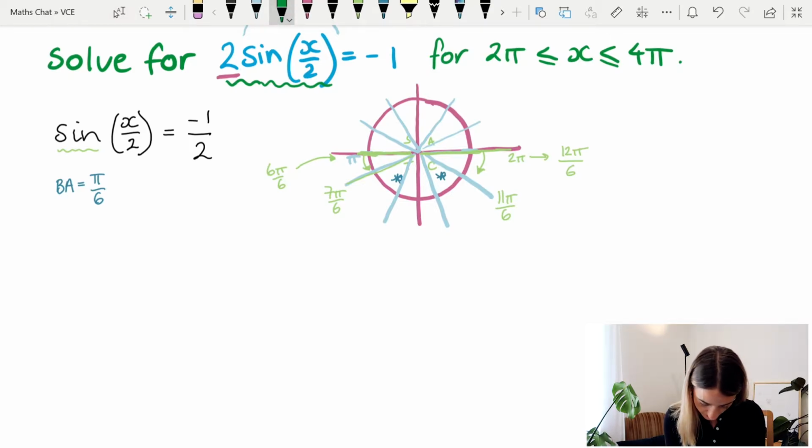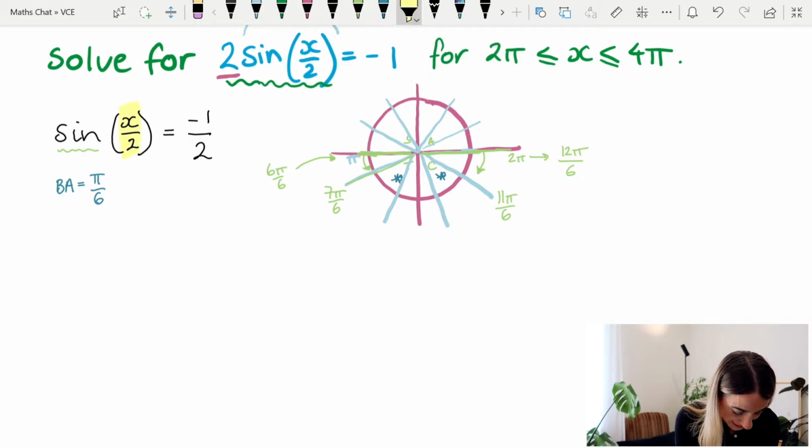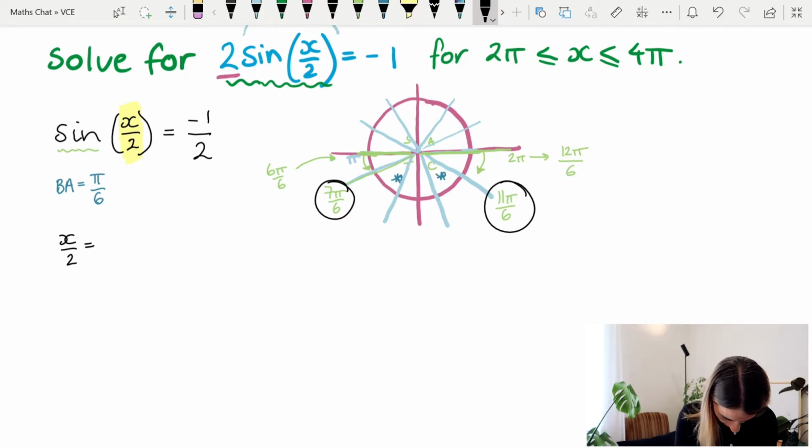We have got our 2 values, but remember, and this is what makes this question a little bit different from maybe ones you've done, we've got x on 2. So we are not just dealing with x equaling these values, we are dealing with x on 2 equals these values. So x on 2 is equal to, now remember we got our first value here and our second value there.